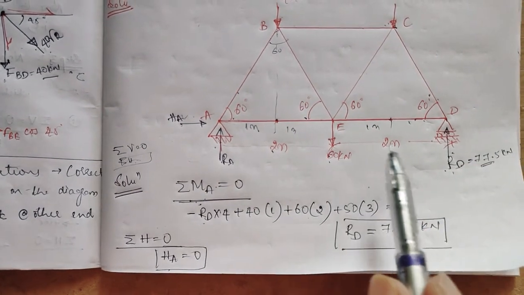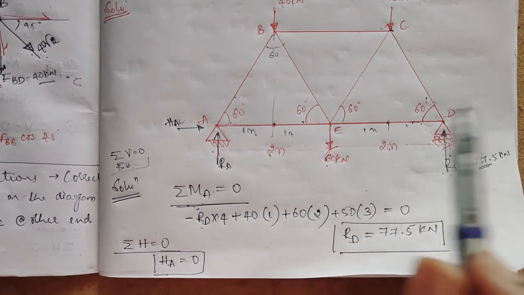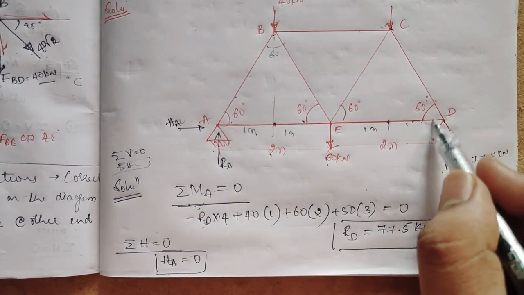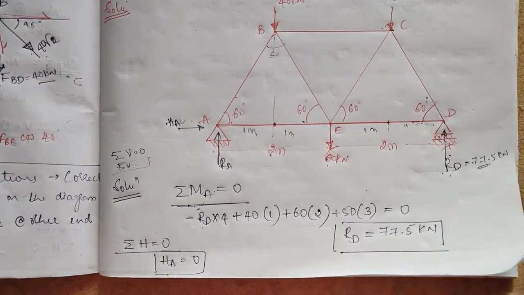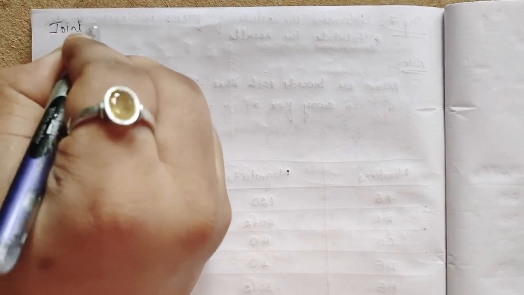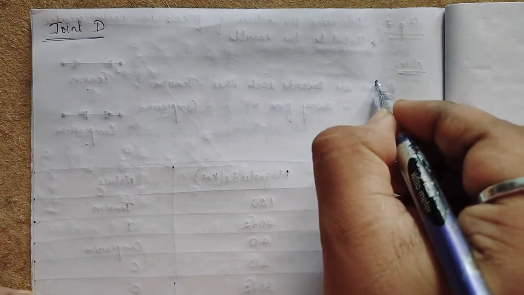Before, when you are solving by seeing this, you write down this diagram. Next I'll write down only the joint. I'll take the FBD of D, the free body diagram of D. So joint D, how was joint D?